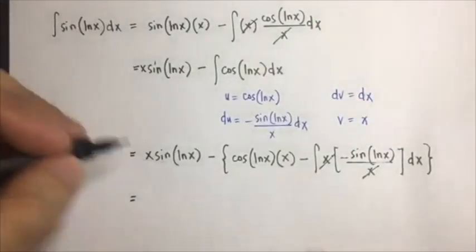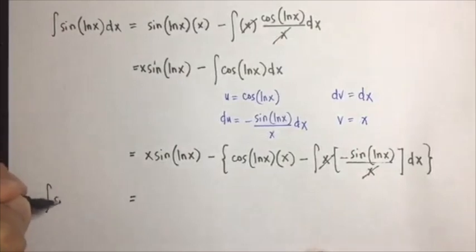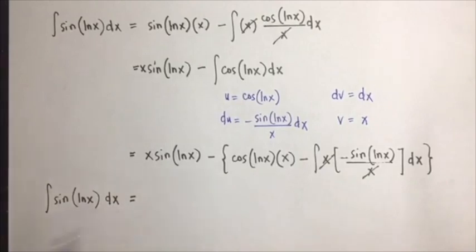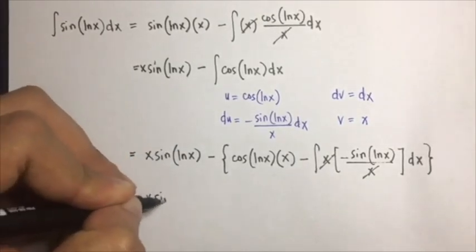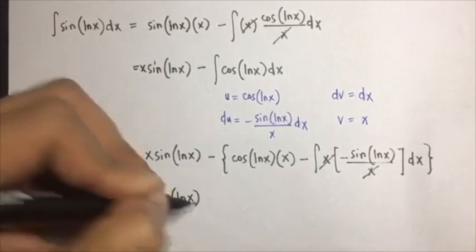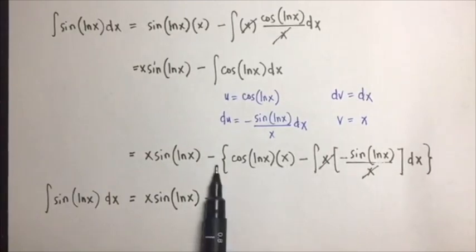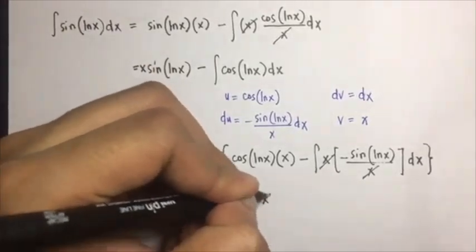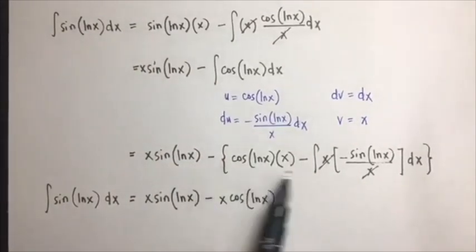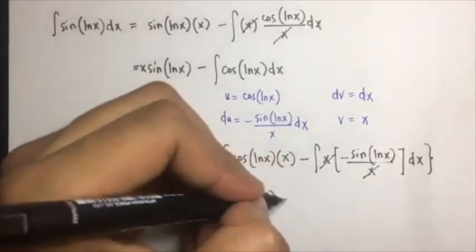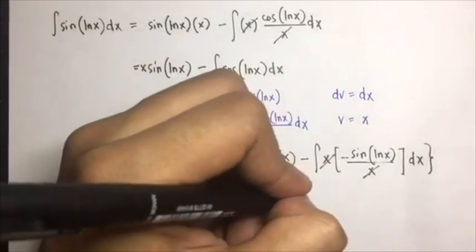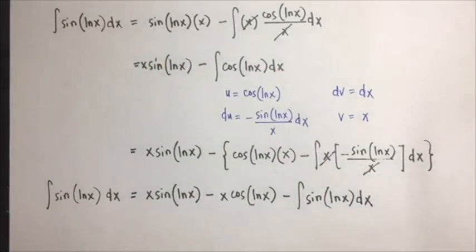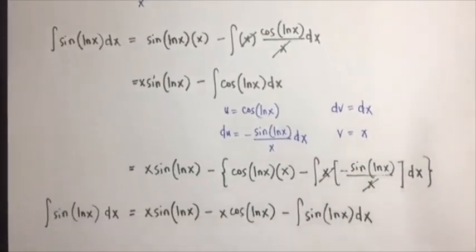Therefore the integral of sine of ln of x dx is equal to, rewriting, x sine of ln of x minus x cosine of ln of x, then negative, negative, so it will become negative integral of sine of ln of x dx.